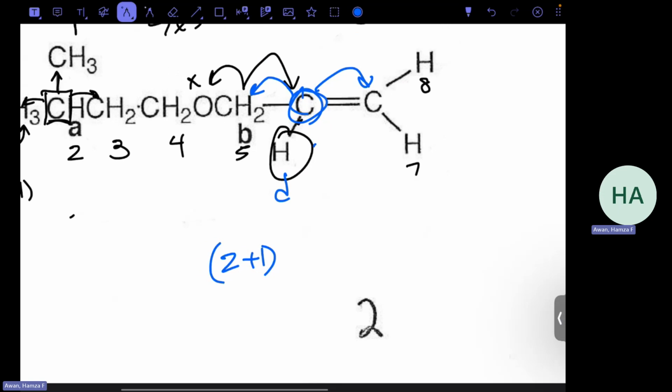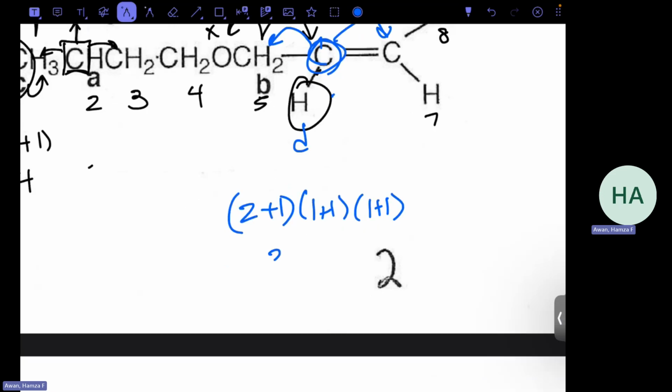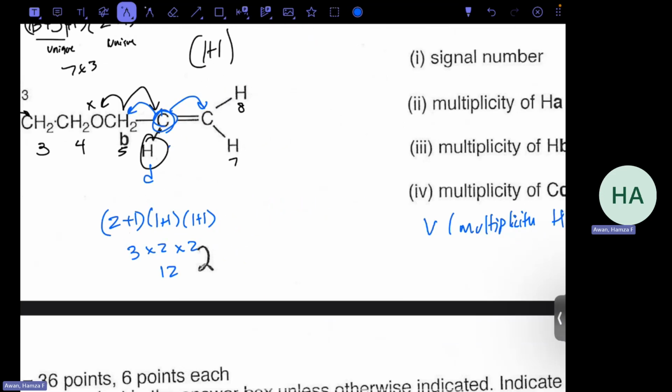And then on the right side, we have another CH2, but this one has hydrogens in 2 different planes, right? So whenever we would do that, we wouldn't just do another 2 plus 1, right? Because that would be putting them in the same plane. We don't want to do that. So what we're going to have is actually 2 1 plus 1s. So we're going to multiply 1 plus 1 and then 1 plus 1 again, right? And so if we get all that out, 3 times 2 times 2, that gives us 12. So our multiplicity for that would be 12.